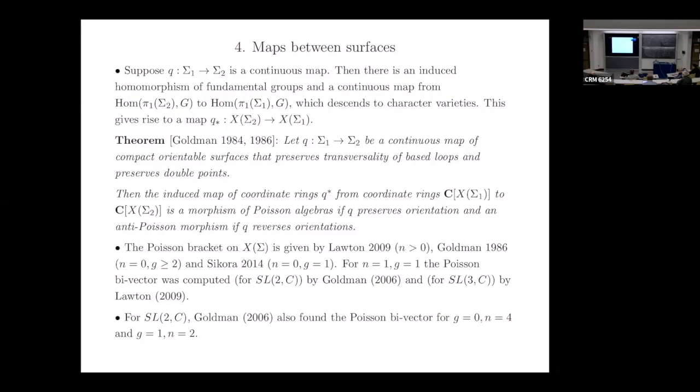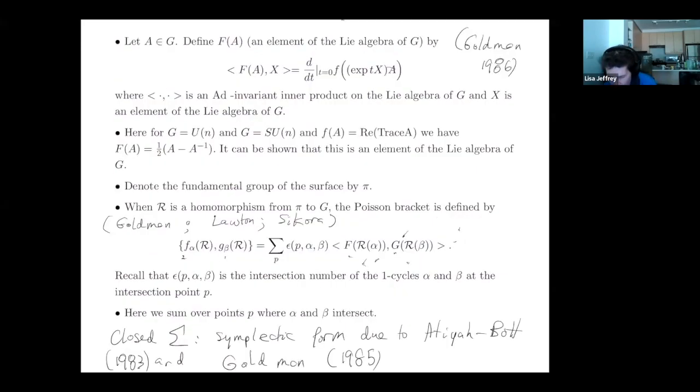Lisa, I have a question. When you say they found the Poisson bivector, that's the one that I was talking about on the previous slide? Yeah. So you have to commit to some set of coordinates to do that, I assume. Well, here you write it down for specific choices of curves alpha and beta. Okay. And otherwise, the choices are, as I described before, you're choosing the Killing form.